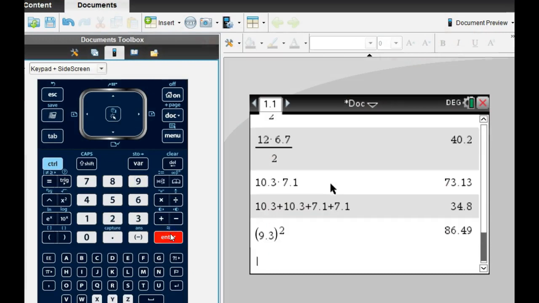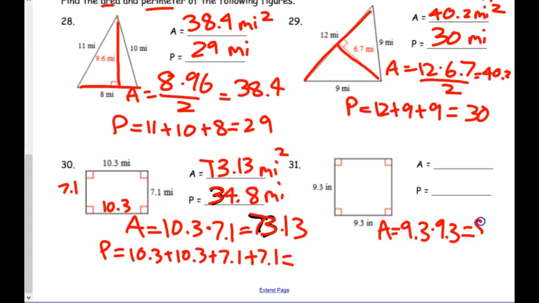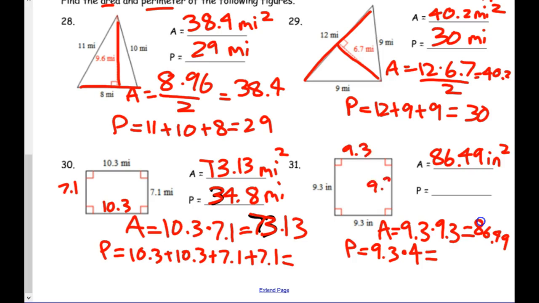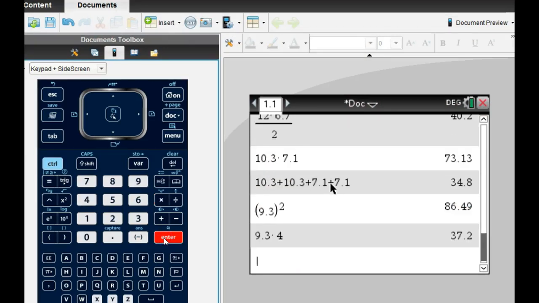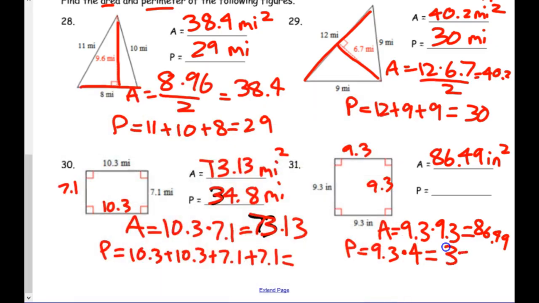Okay, it's 86.49 inches squared, and the perimeter is 9.3 plus 9.3 plus 9.3 plus 9.3, or just 9.3 times 4, because they're all the exact same, because it's a square. So we'll do that. 9.3 times 4 is 37.2 inches.